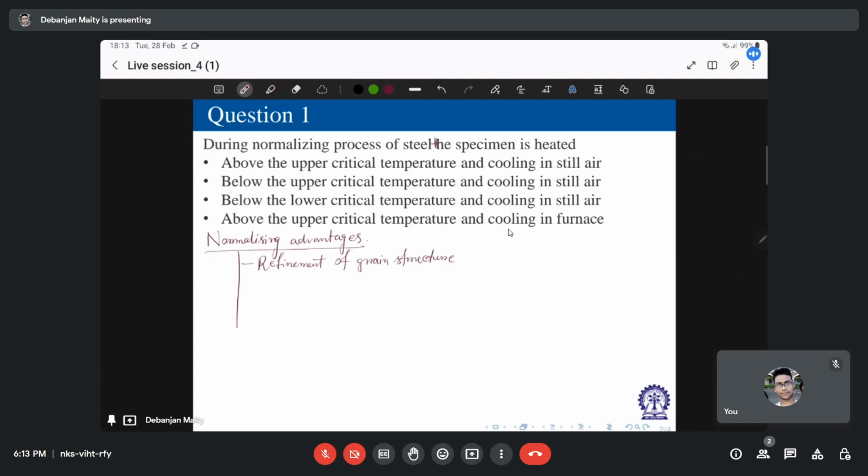Then you can improve machinability, relieve the internal stresses, and also improve the mechanical properties.